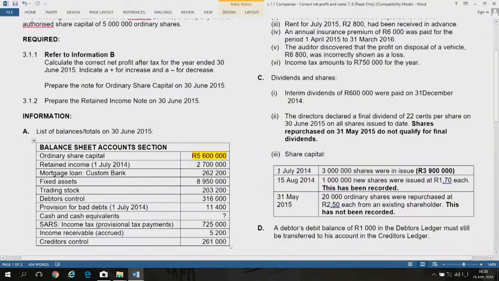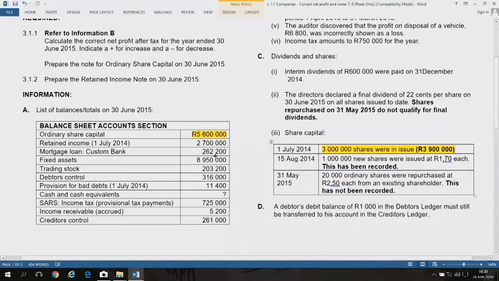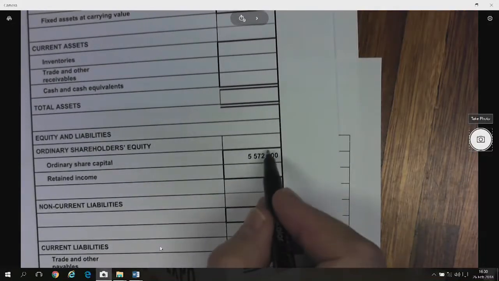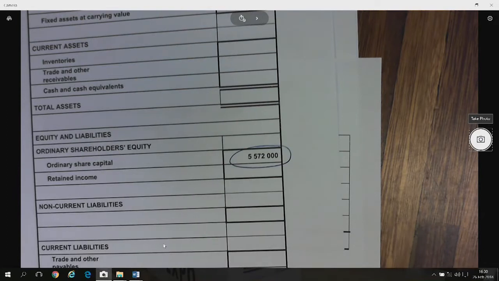If you go there, you will see at the beginning of the year, 3 million shares were in issue for 3,900,000 rand. So that shows us that that amount is not the beginning of the year, but I don't think it's the end of the year, because I'm going to show you the balance sheet. In the balance sheet it was added there as 5,572.